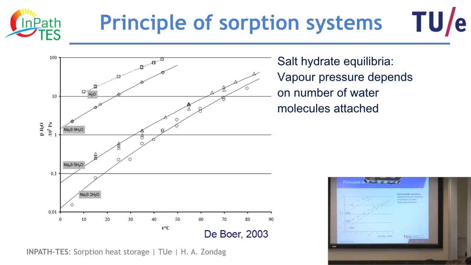So basically I can plot for salt hydrates exactly the same curves as I can plot for the sorbates I've shown you before: pressure as a function of temperature. And as you can imagine, because these salts are hygroscopic, they have a lower vapor pressure than just the normal water vapor pressure at that temperature. They strongly adhere to the water molecules.